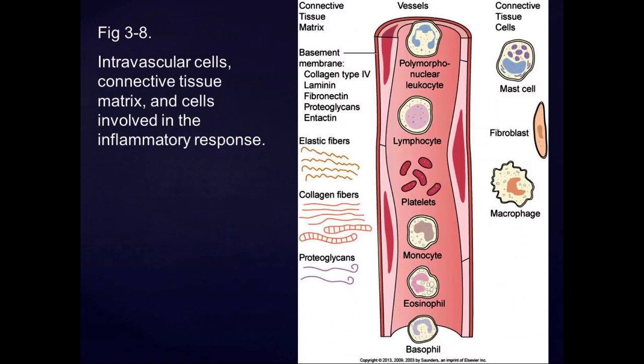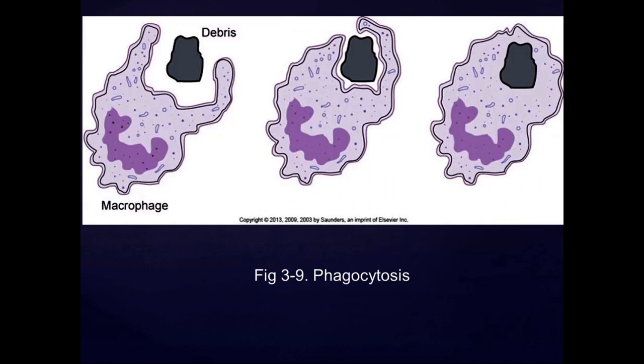So lots of cells and fibers involved in the inflammatory response. Intravascular cells, connective tissue cells, and cells involved in the inflammatory response. And we'll talk about in the next couple lectures the connective tissue cells and the types of tissues that they create.